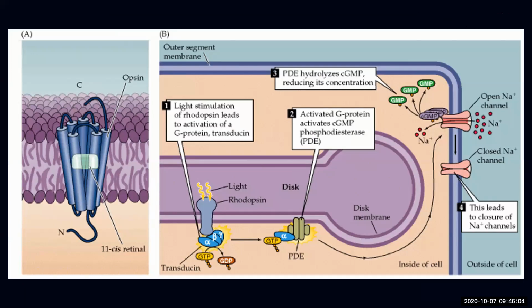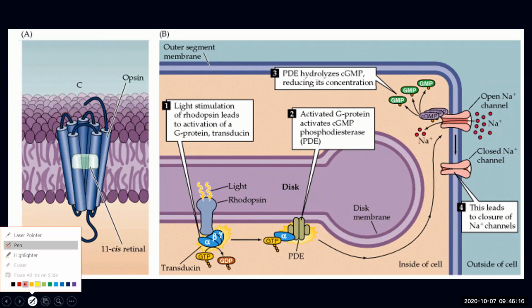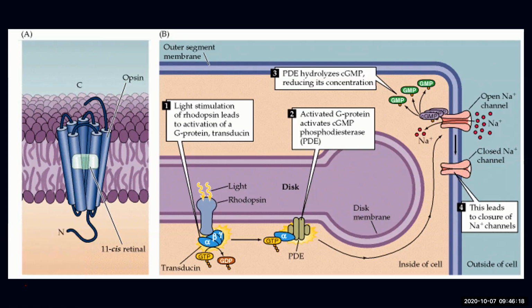We know in great detail the mechanism by which it occurs. Again, the point of this, don't panic when you see this, but it goes through the steps again. I'm going to go through this a few times. Hopefully it'll help you remember. So when light hits our photopigment, it's going to change the shape of the retinol.